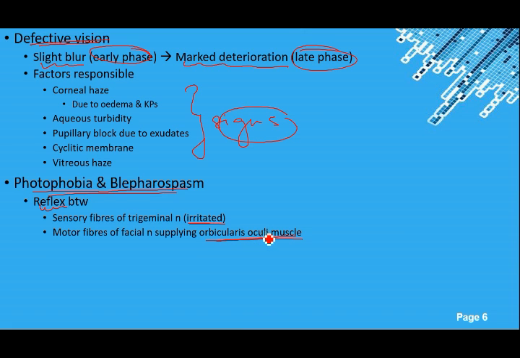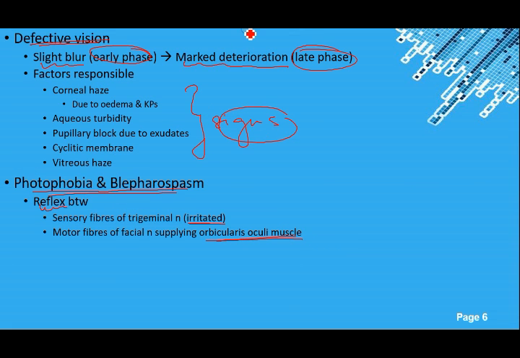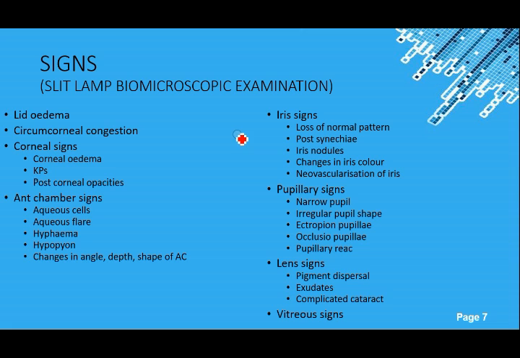Clear? Simple symptoms: the signs of inflammation first, your dolor, calor, rubor, that is pain, redness, lacrimation, that's how I remember it. And then there is defective vision, photophobia, and blepharospasm.